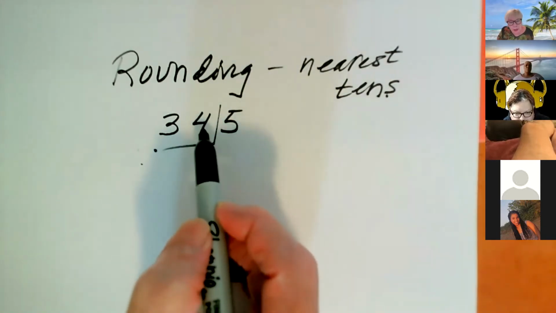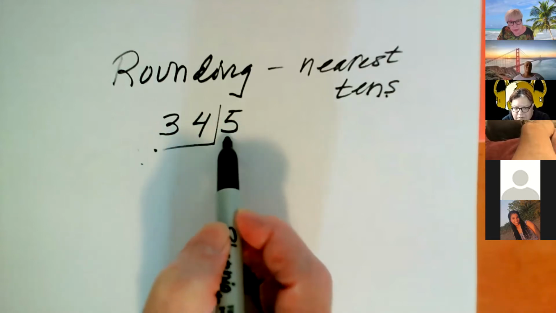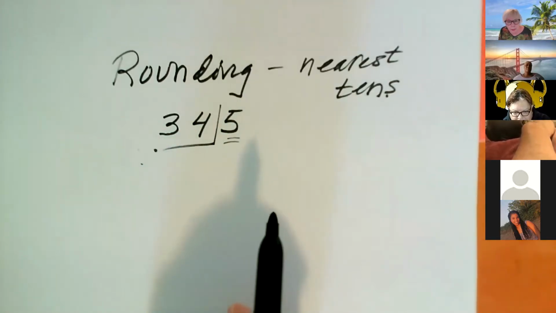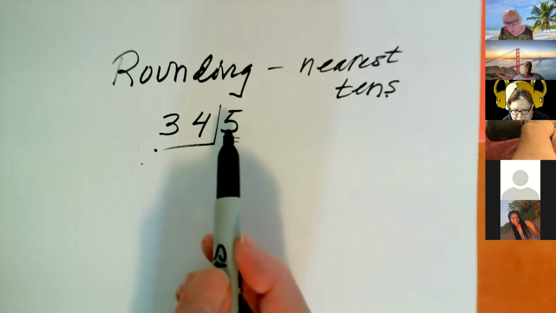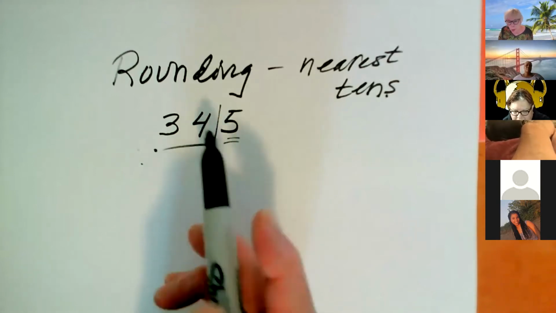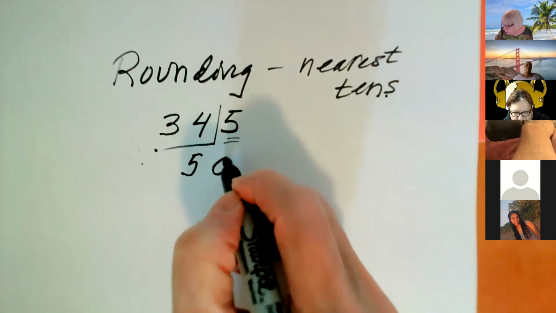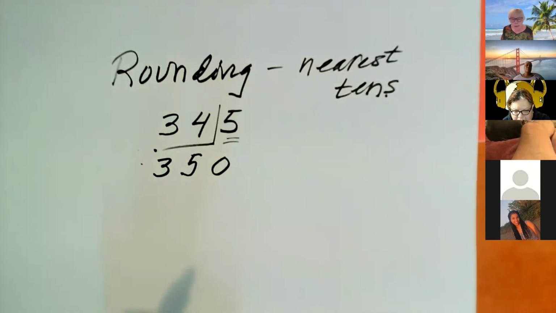And so the question becomes, does it stay 4 or does it go up 1? Now the decision maker is here. So when this is 5 or more, this is the definition in the book, this goes up 1. So the 4 becomes a 5. This has to go to 0 and this just stays 3.